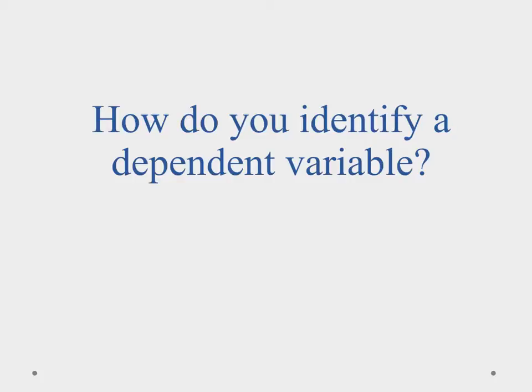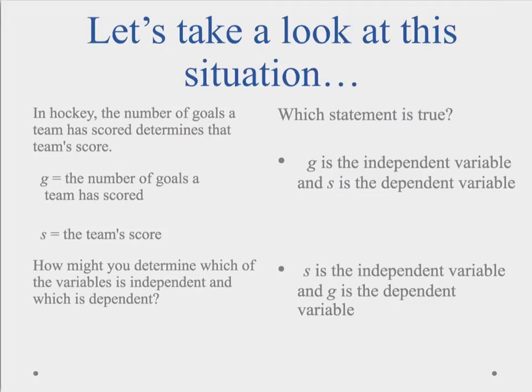When you're looking at these problem situations, I want you to ask yourself, what depends on the other? That's a great way to identify independent and dependent. Let's take a look at a problem situation. In hockey, the number of goals a team has scored determines that team's score.